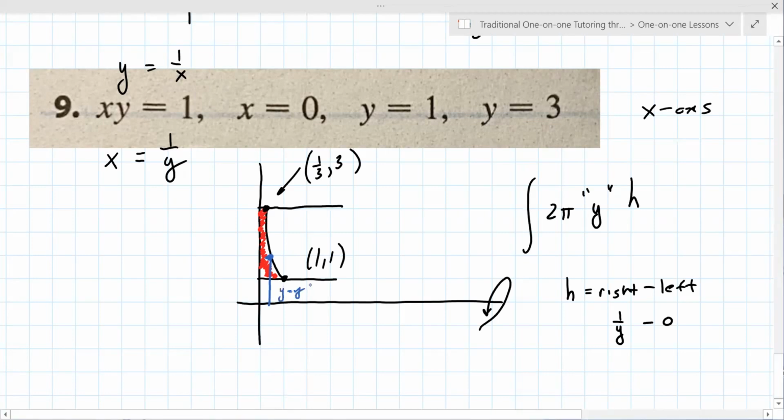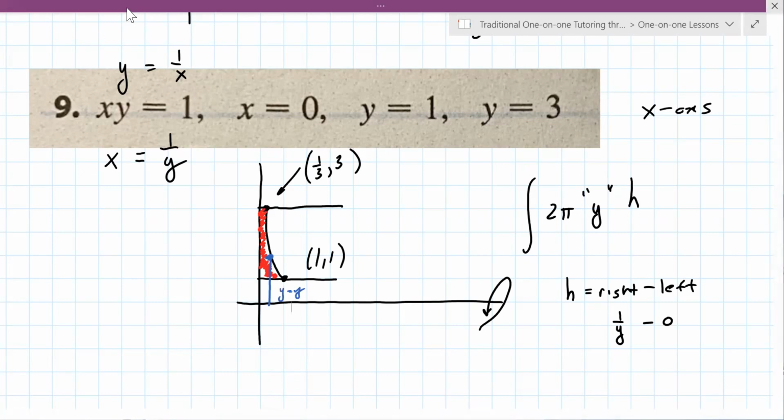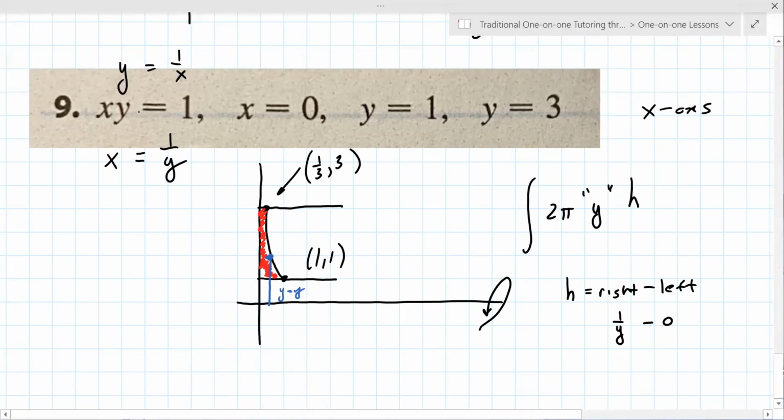You wouldn't subtract anything from y, because it's the distance to the axis that you're revolving around. If we were revolving around this line, then you would add 1.